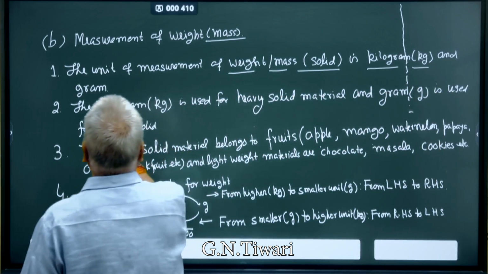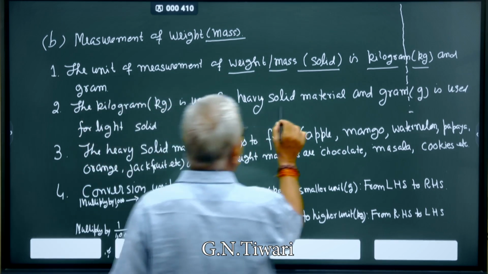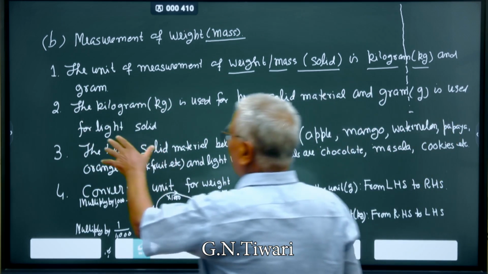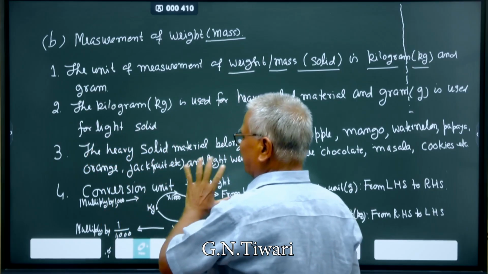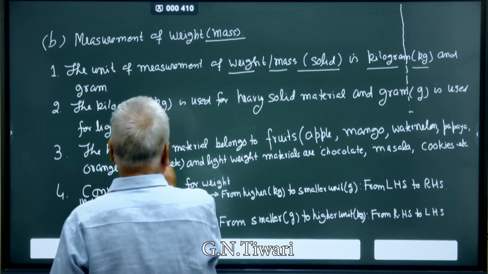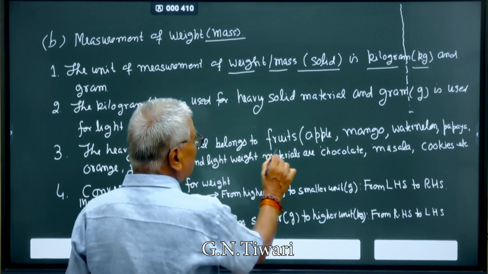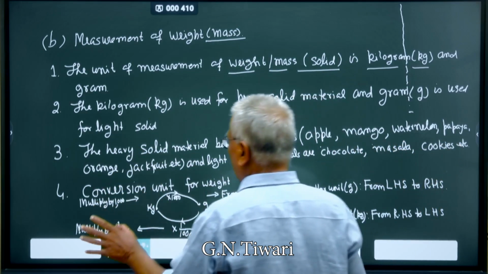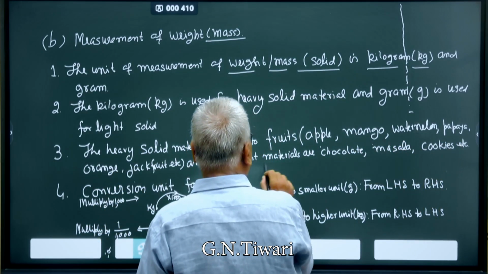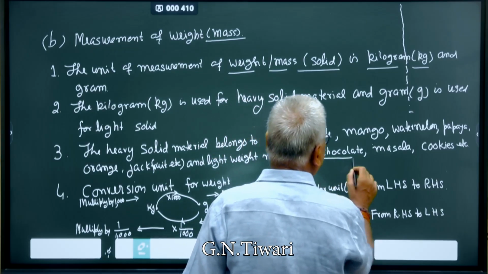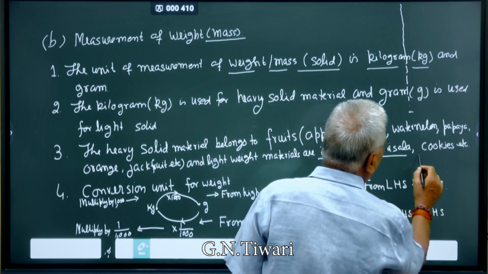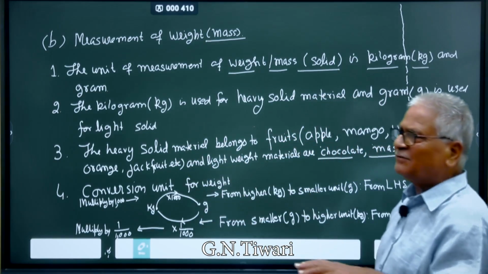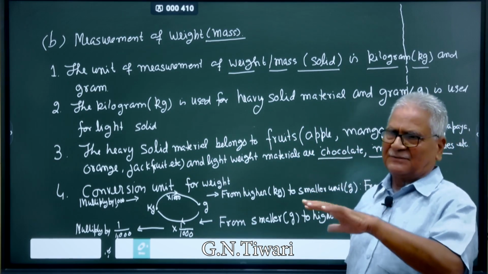And the kilogram is used for heavy solid material, and the gram is used for light solid material. Now, heavy solid material belongs to fruits: apples, mangoes, watermelon, papaya, etc. And the lightweight materials are chocolate, masala, cookies, etc. So you have to make a difference between the heavyweight and the lightweight.